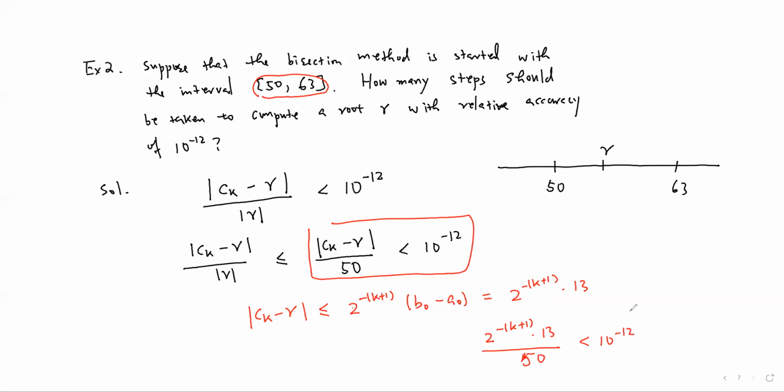Now solve this inequality, then we get k is greater than or equal to 37. So when you run the bisection method, at least 37 steps guarantee that c_k has relative error to the true root less than this number. Guaranteed. Done.